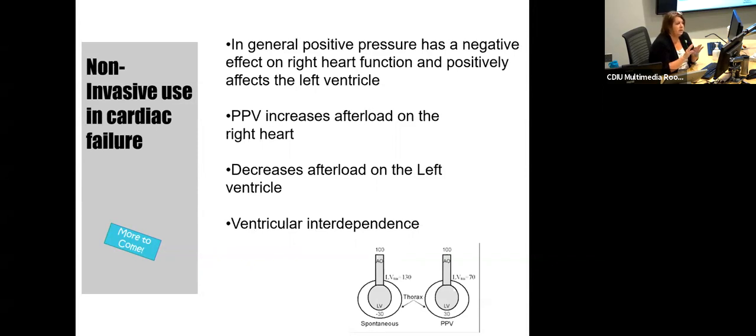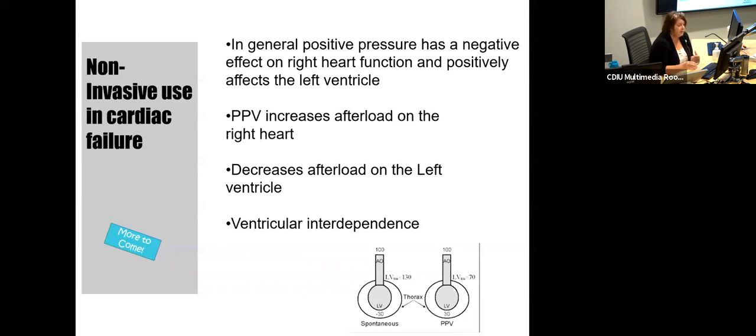And what you need to think about is which is going to be the more prominent consequence of your therapy, right? Are you going to impede preload so much that you make your cardiac output worse, or are you going to improve afterload more than you're going to impair preload, in which case you're going to improve cardiac output?